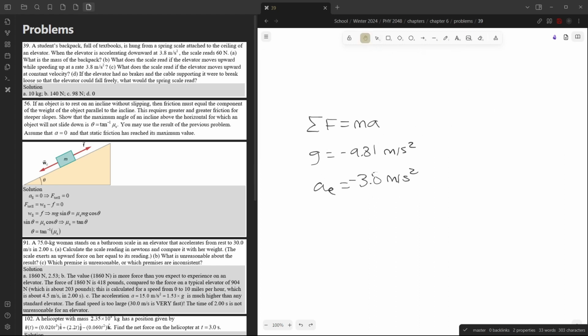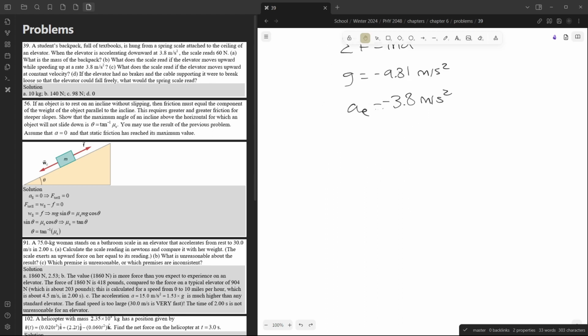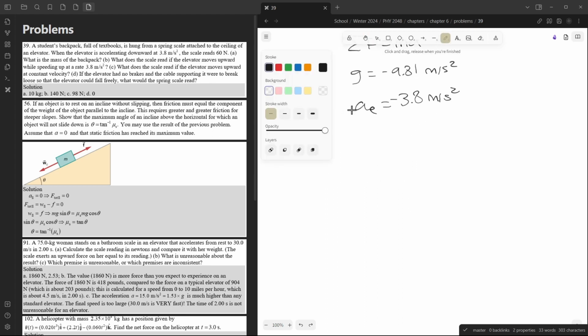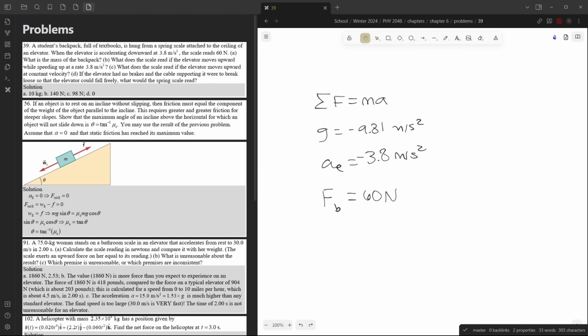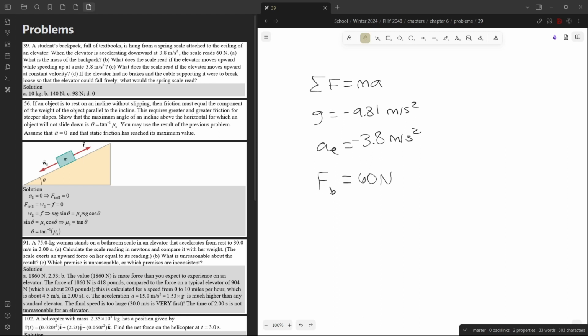So we have gravity, we have these two components for acceleration, and then we have the scale, which is inside the elevator. So the force of the backpack on the scale, we'll call F sub B for backpack. This is 60 newtons. So this is all the information we have.